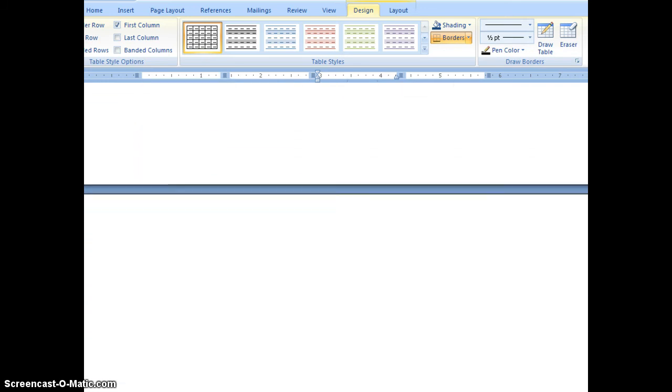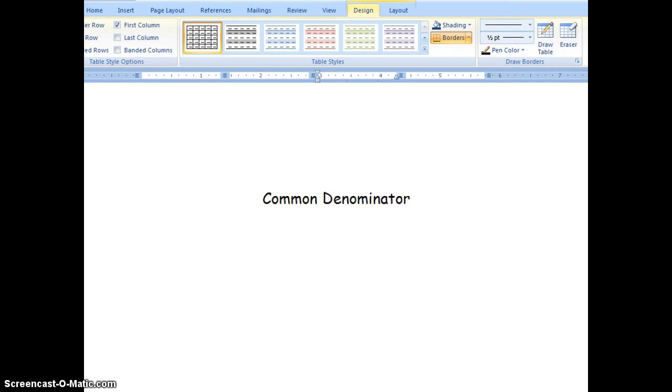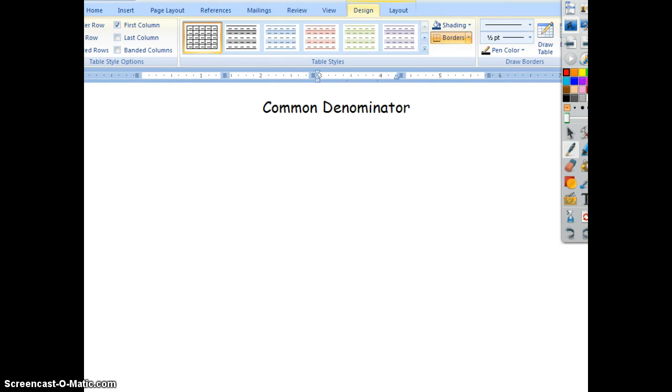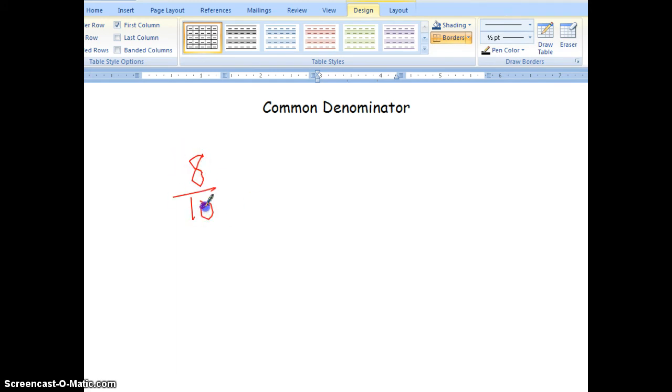With like denominators, it's good if you have a good knowledge of how to come up with a least common multiple. Let's say that I have fractions 8/10 and 3/5.